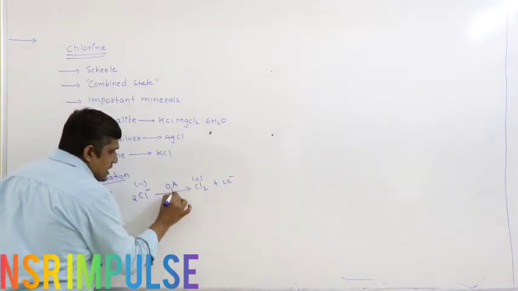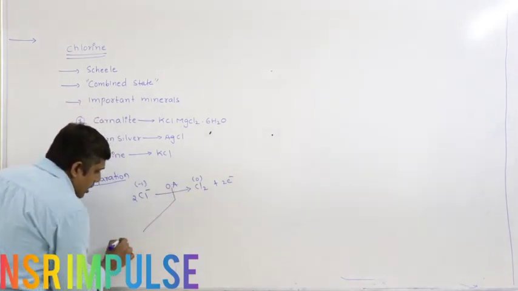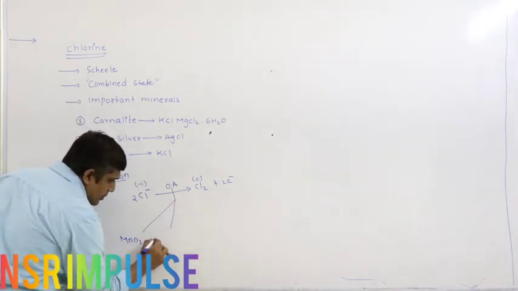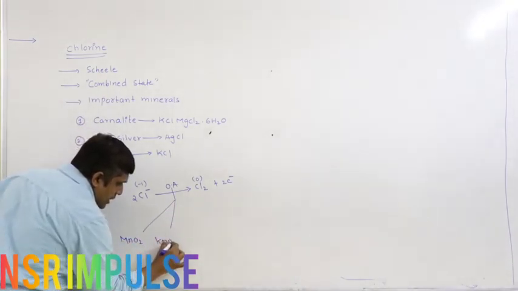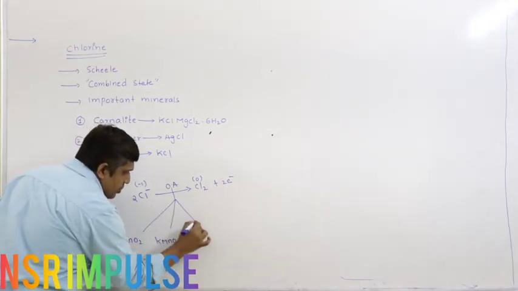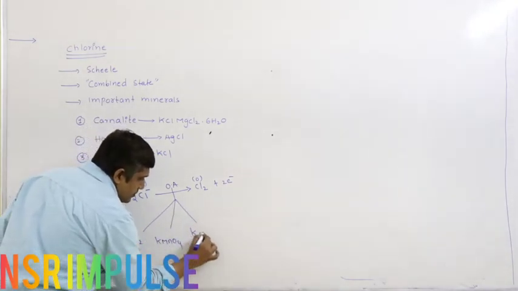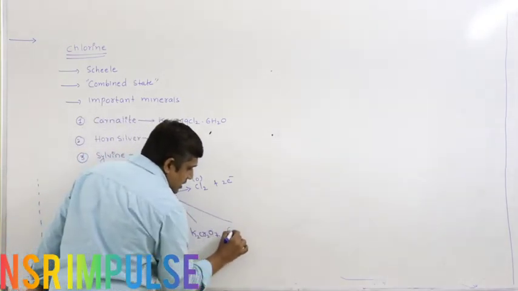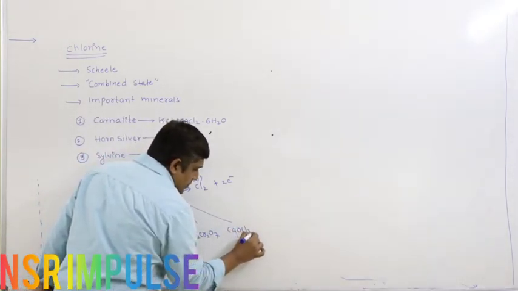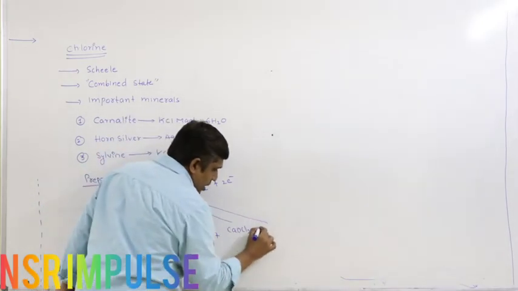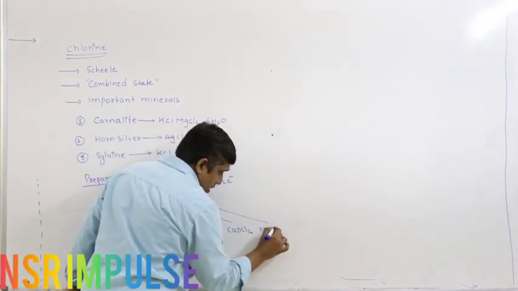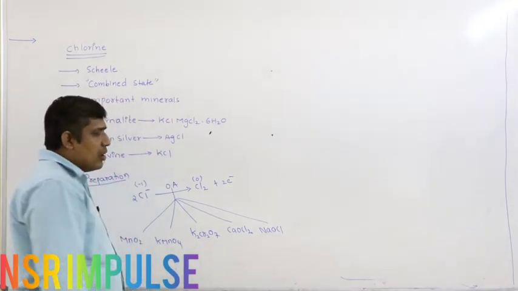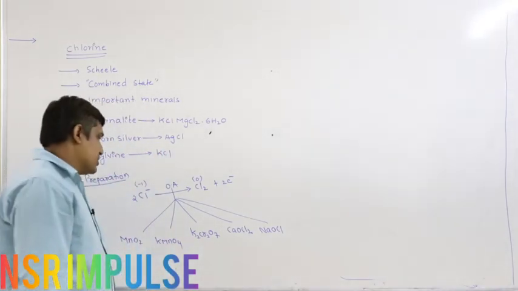The oxidizing agents which we are going to study here can be manganese dioxide, potassium permanganate, potassium dichromate, or mild oxidizing agents like bleaching powder or sodium hypochlorite, NaOCl, or other mild oxidizing agents like lead oxides.